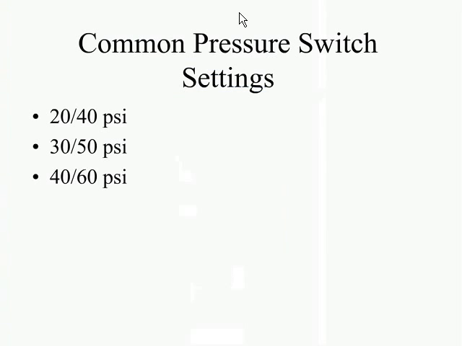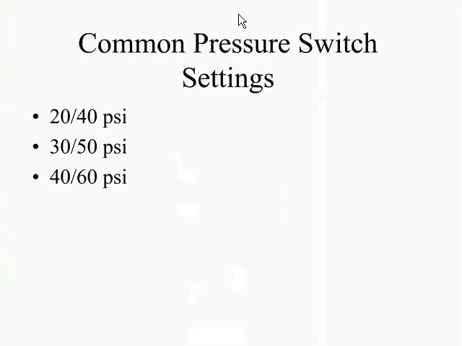Typical settings are, say, 20 to 40 psi, and what that means is that the system will turn off when it gets to 40 psi. So the pump kicks on and pumps into the system until it fills up that pressure tank to 40 psi.